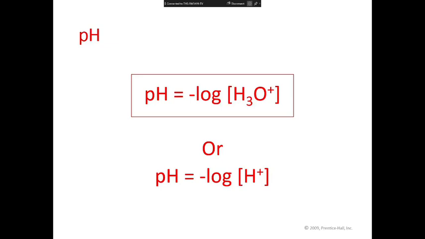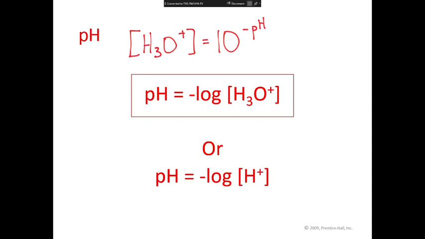Well, logarithms are all about 10 to the power of something. So the rearrangement of this equation that we can just put on our little handout right above that central formula is if you want to know the concentration of H3O plus or H plus, it's the same thing, you do 10 to the power of the negative pH.